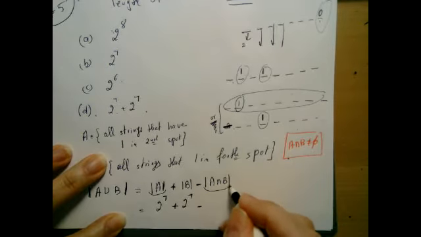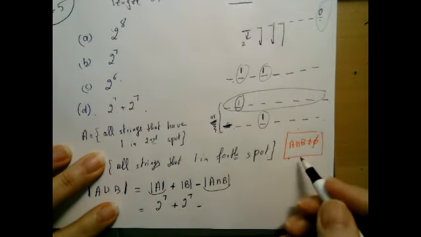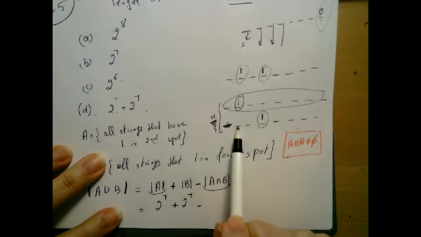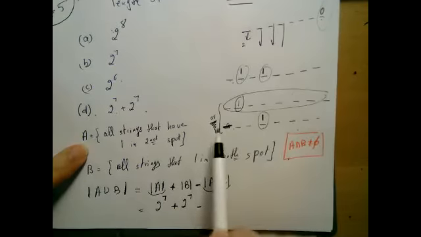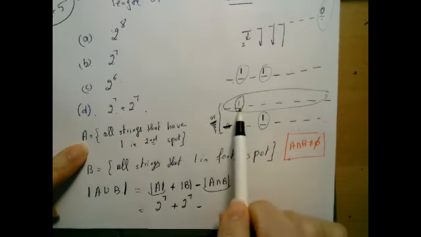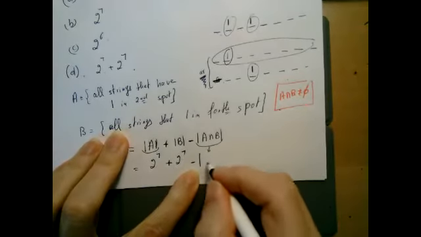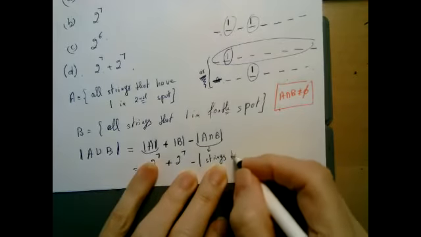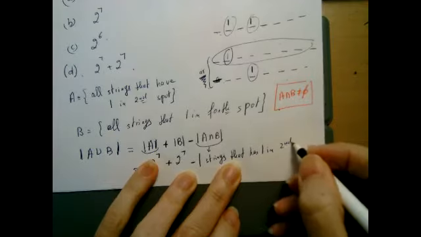But then, what's A intersect B? A intersect B is going to be all the strings that have 1 in the second spot and in the fourth spot, which is also possible because it's an OR. So the intersection, let's write it in words: all the strings that have 1 in the second and fourth spot.